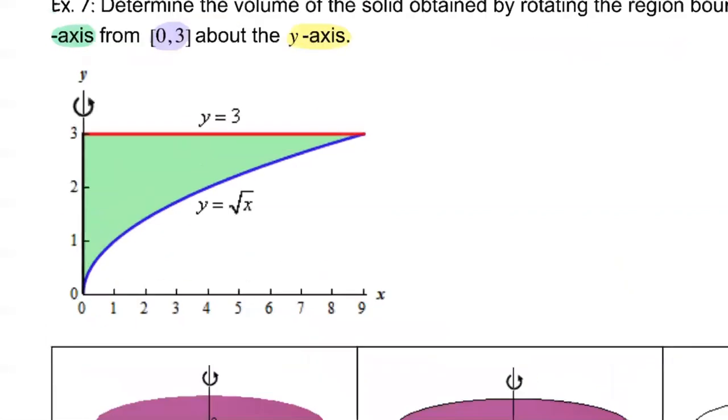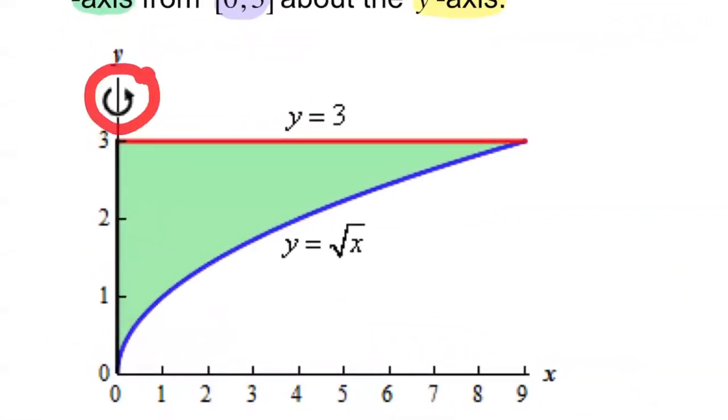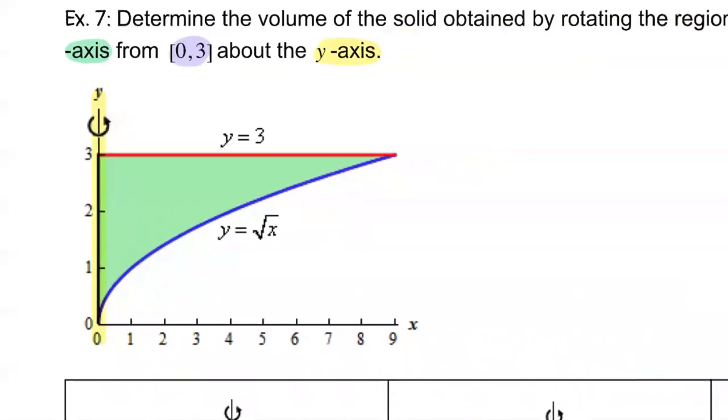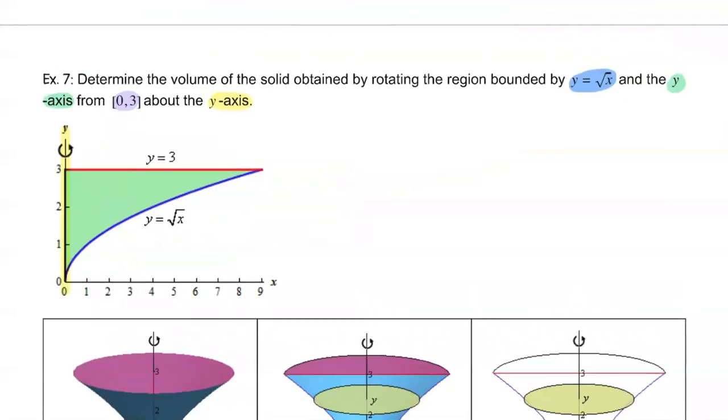Now, a lot of times the way we notate this is we draw a little arrow like this to show which axis we're revolving around. And so I'll go ahead and highlight this right here. That is our axis of revolution. We've got our square root function right here. Now, how did I know that I was supposed to stop at y=3? Because that wasn't one of the equations we were given.